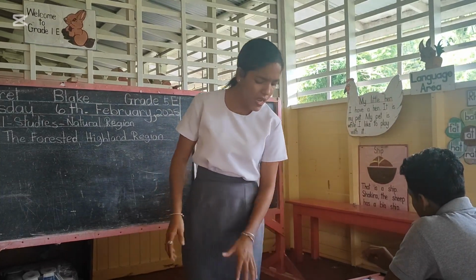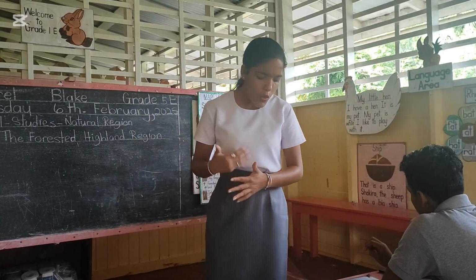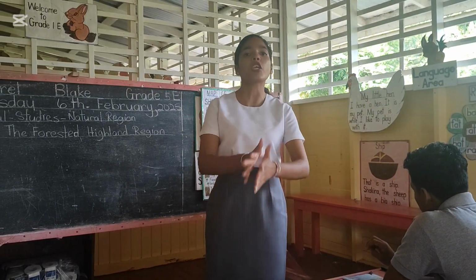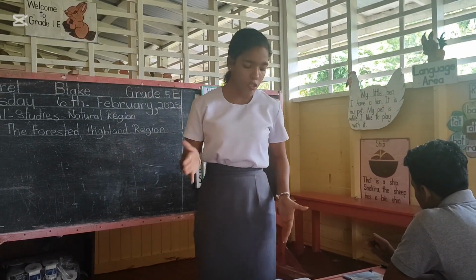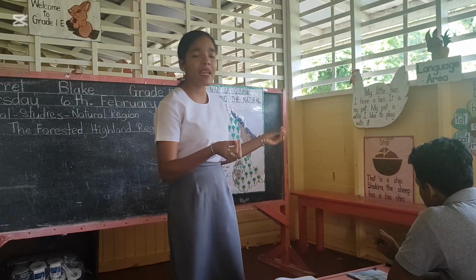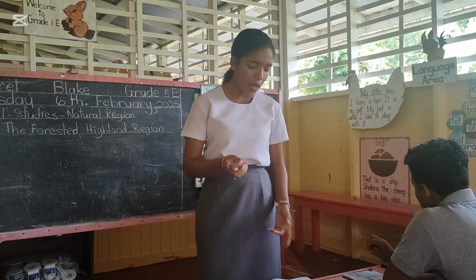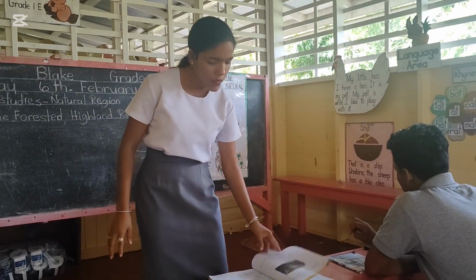The main economic activities include timber production, like I said, logging, gold and diamond mining, which is a huge income for our country as well. Balata bleeding. Hunting is also a main activity that is done there because it enhances the wildlife trade.